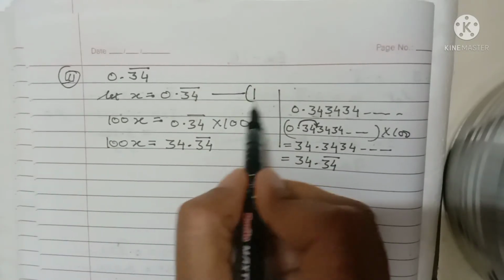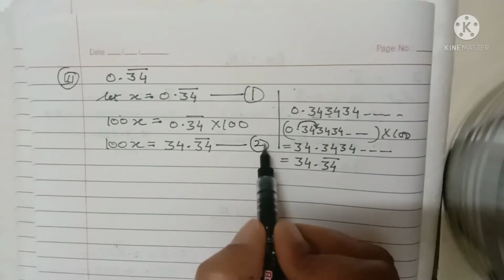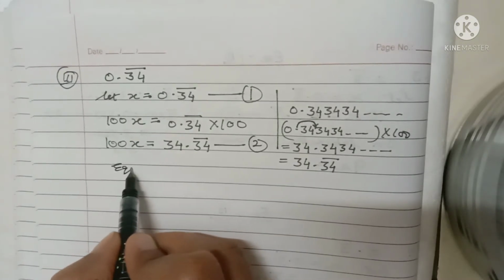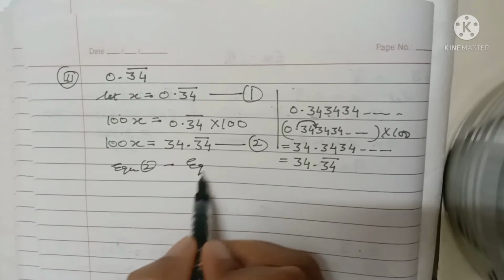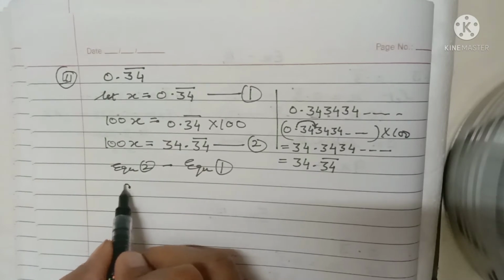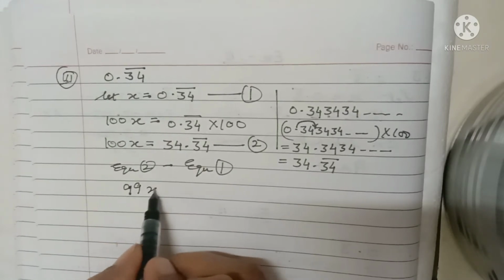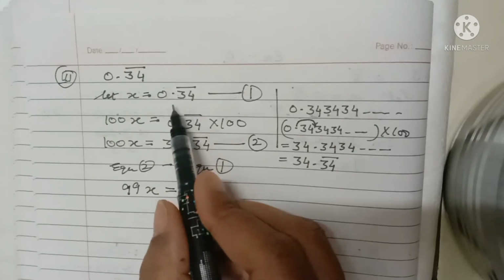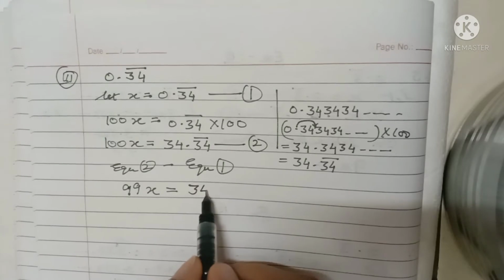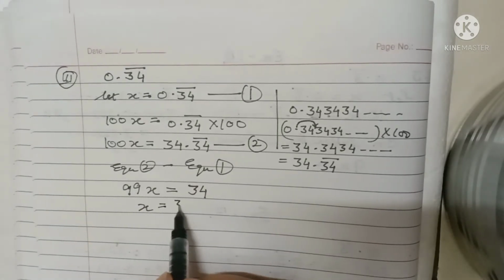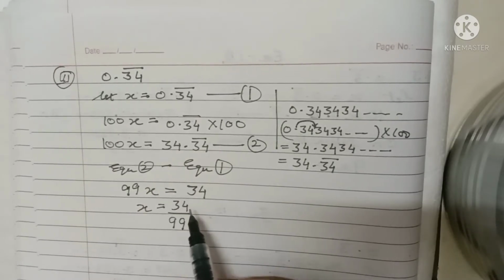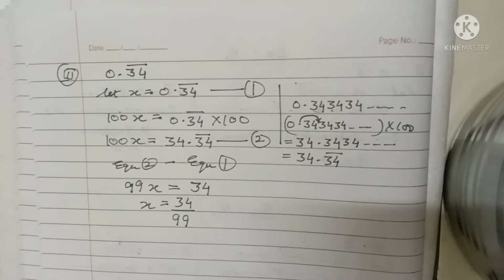Suppose this is equation first and this is equation second. Subtracting equation first from second, 100x minus x, you will get 99x, and here the 34 bar will be cancelled, so you get only 34. Now x is equal to 34 upon 99. This is in its simplest form and a fraction.